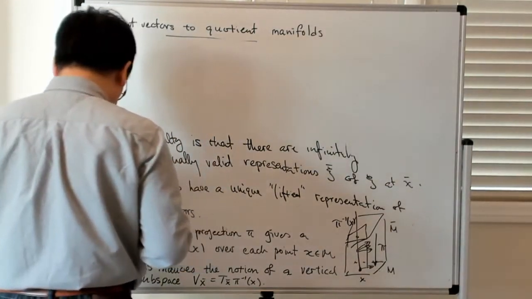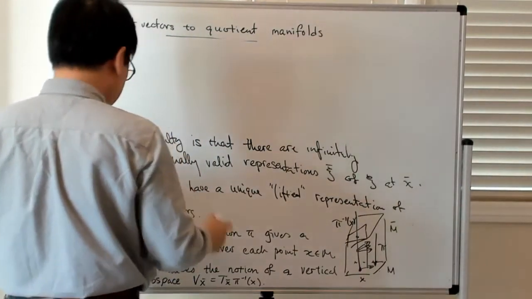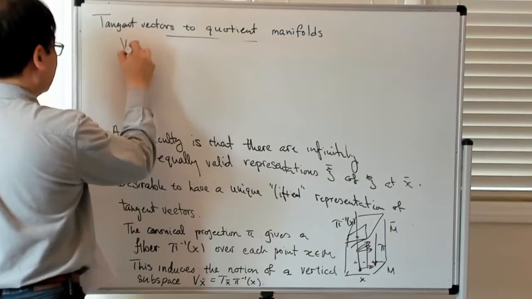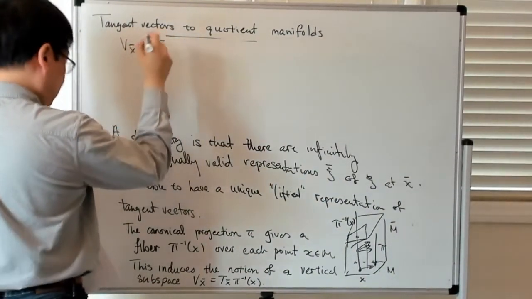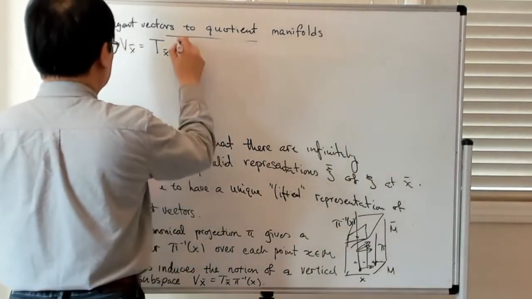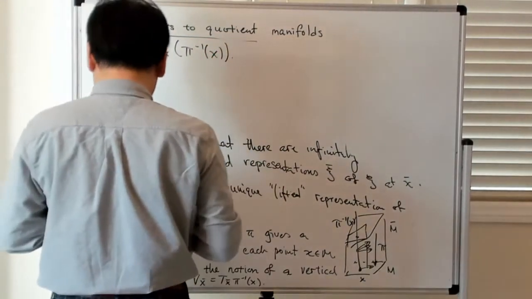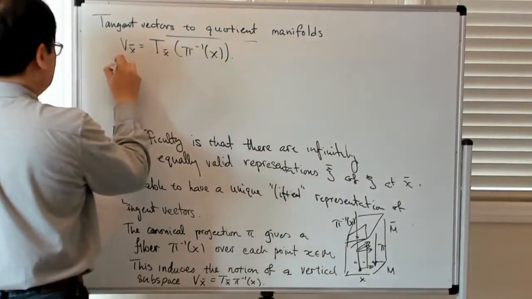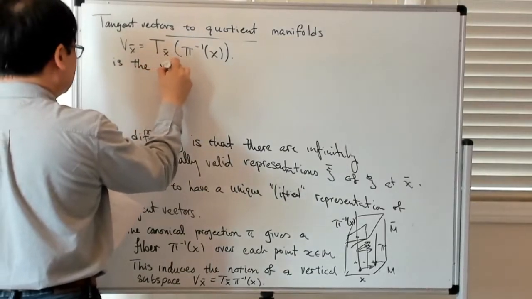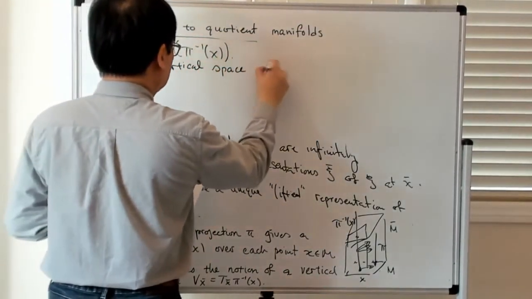So that's what I said here: Vx bar is equal to the tangent space at x bar of the fiber over x. This is the vertical space at x bar.